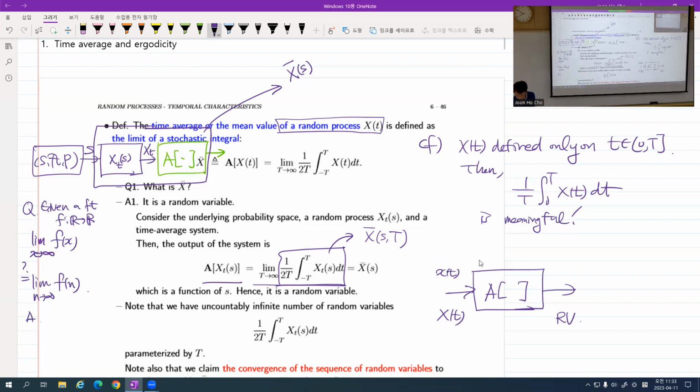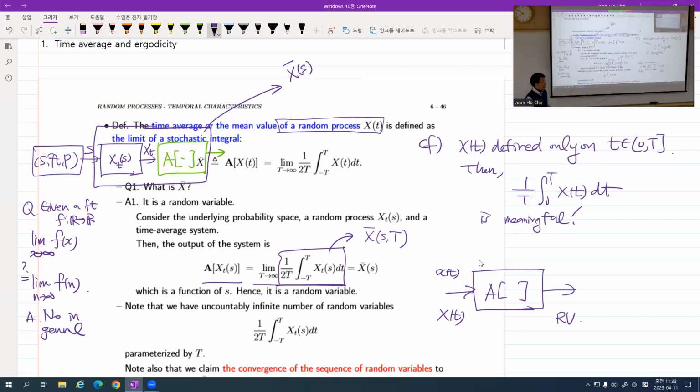However, if this exists, then they must be the same. Otherwise, we have a contradiction. So got it? If this converges, then they must be the same. So we are going to rely on this trick again and again.